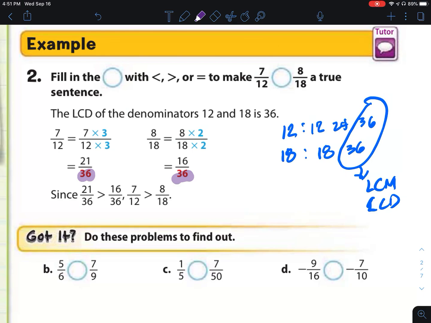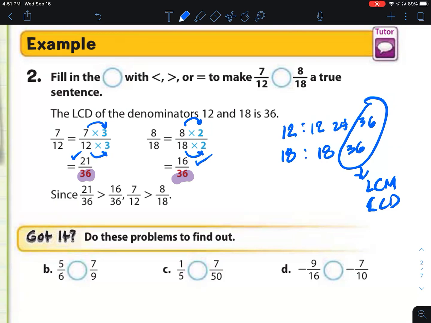Now, what did I multiply 12 with to get to 36? I multiplied it by 3. Therefore, I multiply 7 by 3, which gives me 21. What did I multiply 18 with to take me to 36? I multiplied it by 2. Therefore, I need to multiply 8 by 2 to get me to 16.